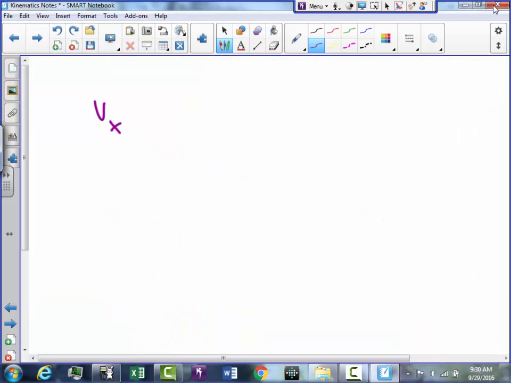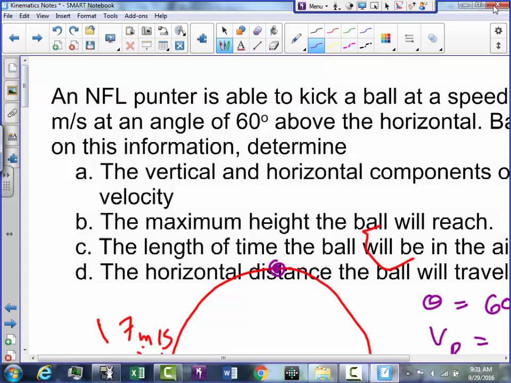Velocity in the x direction will be equal to the distance in the x direction divided by time. We know the velocity in the x direction, though, right? Didn't we calculate that way back in step 1? The x component of this was somewhere back here.